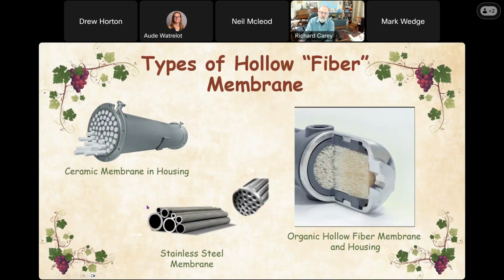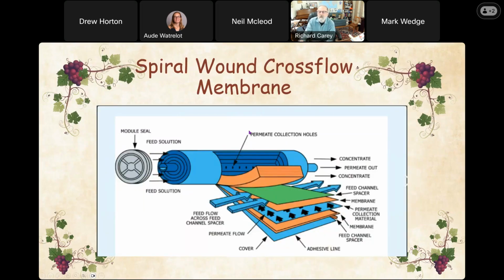And you've also got stainless steel membranes, and here you have sintered stainless steel that does essentially the same thing as the ceramic membranes, where you have different grades of stainless steel that they then fuse together to give you a membrane-like surface where it's very fine on the inside and it gets to be more and more coarse on the outside. And then you have spiral wound membranes, and this is the one that I'm going to show later on.